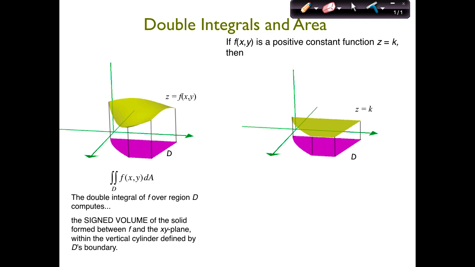Be more specific. How could you write that volume now without a double integral? The area of D times k. Agree with that? Yes, this is a solid cylinder, so the area of the base times the height. It'd be the area of D times k.